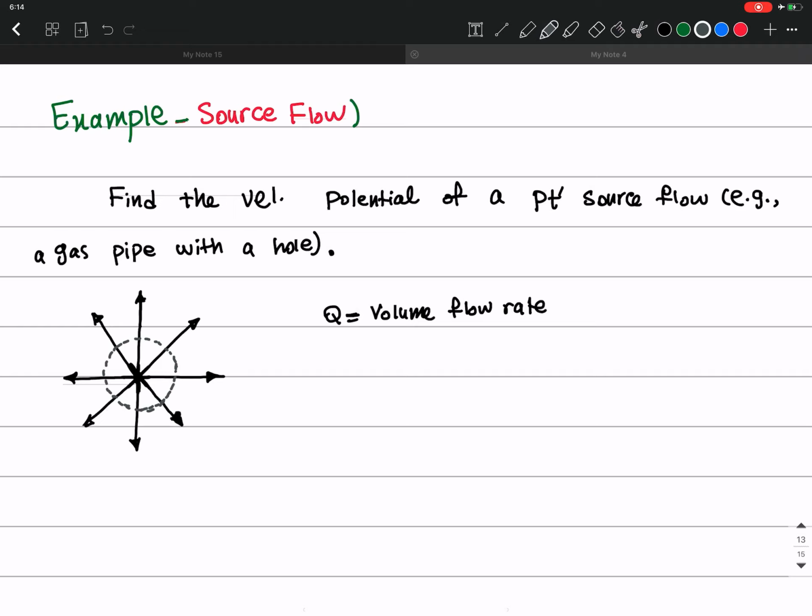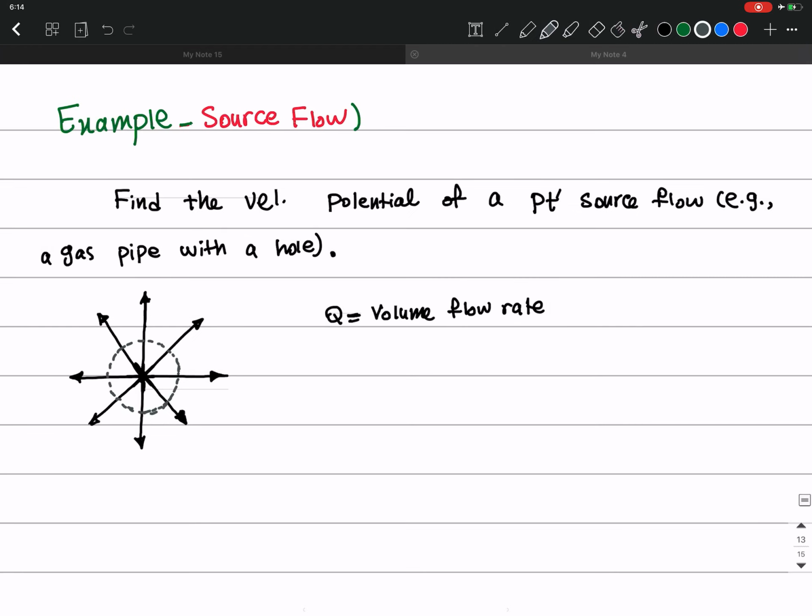So at any arbitrary R, the volume flow rate going out of this control volume with radius R is constant.